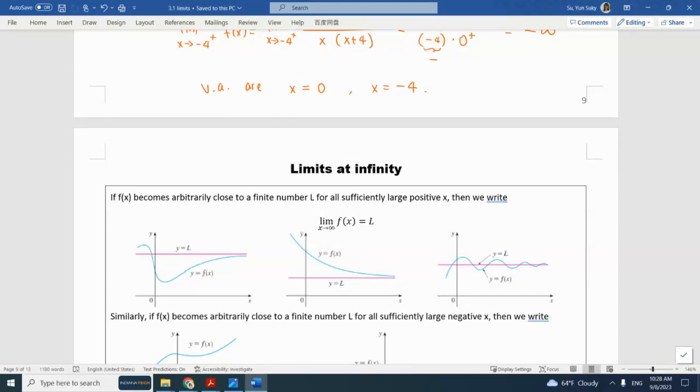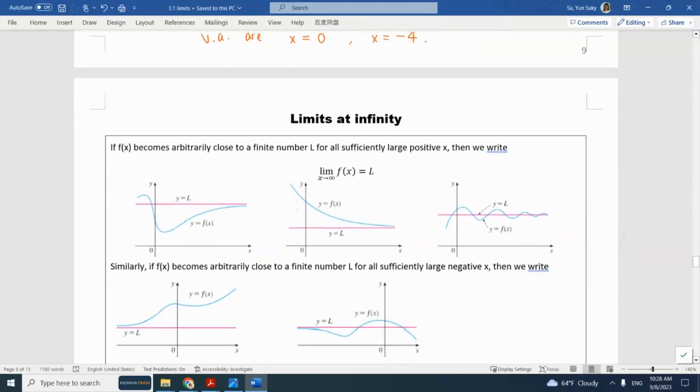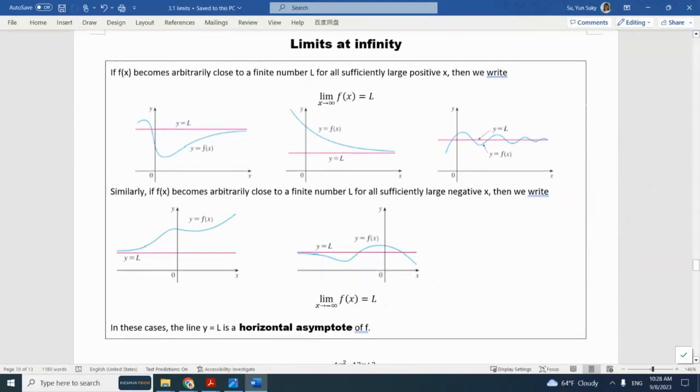And similarly, if f of x becomes arbitrarily close to a finite number L for all sufficiently large negative x, so x goes to minus infinity, then we write the limit as x goes to minus infinity of f of x equals L. And the picture is like you approaching the horizontal line when x goes to minus infinity.